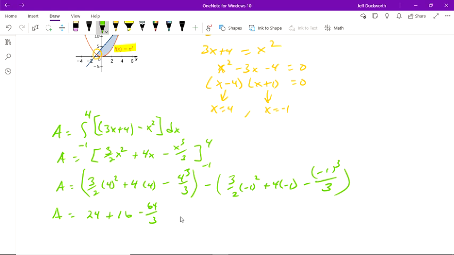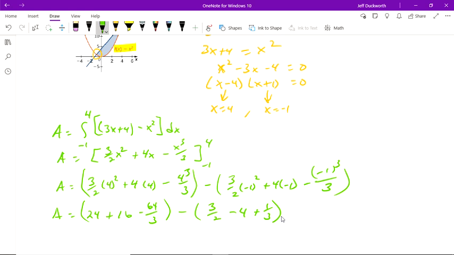And then let's do all the arithmetic first. -1 squared is 1, so that just remains 3/2. And -1 cubed is -1, so that's positive 1/3.